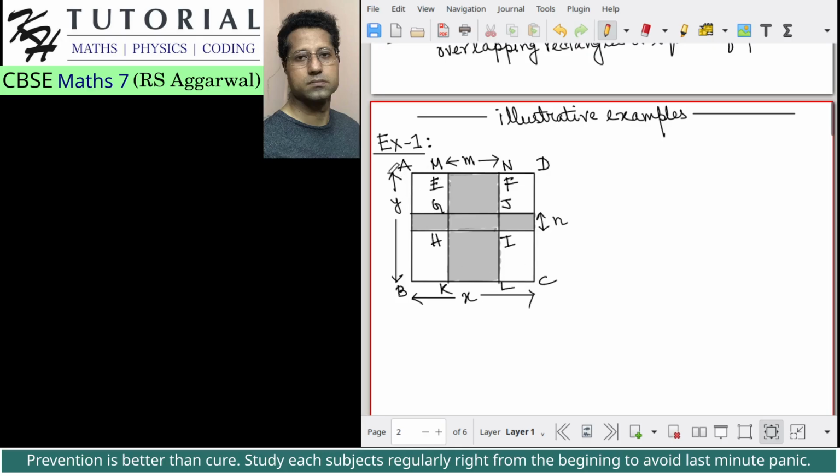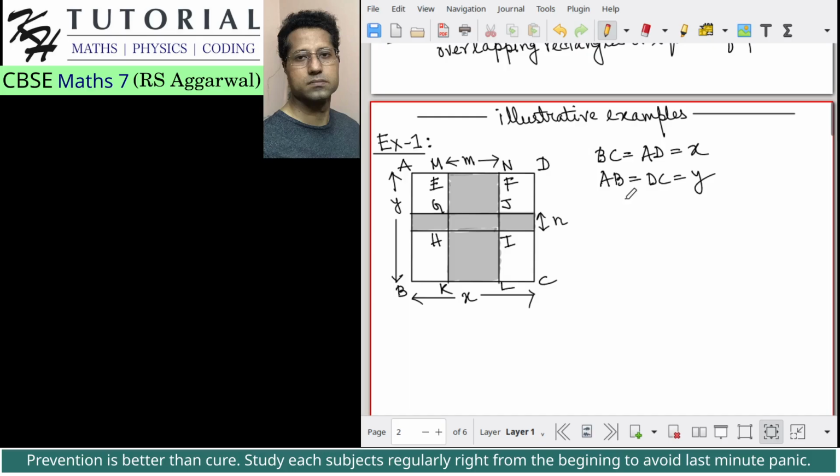The length BC is equal to AD, since it's a rectangle, and is given as x. Now x, y, m, n are all in units. I am not considering specific units, just assume that they are x units, y units, m units and n units. The width of the rectangle, AB is equal to DC, is y.